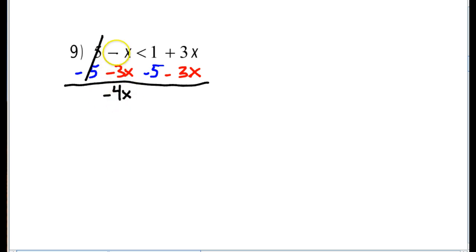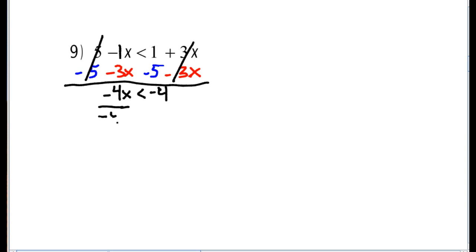Bring down equality sign. 1 minus 5, -4. And 3 minus 3, 0. So just like with equations, the number on the left will cancel, variables on the right will.